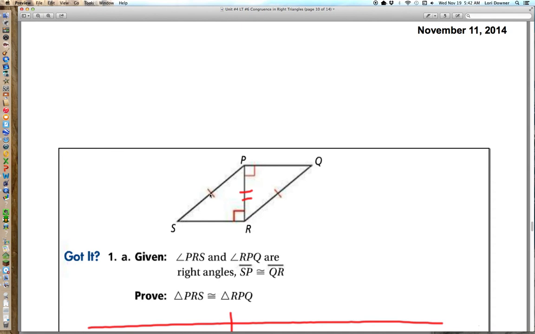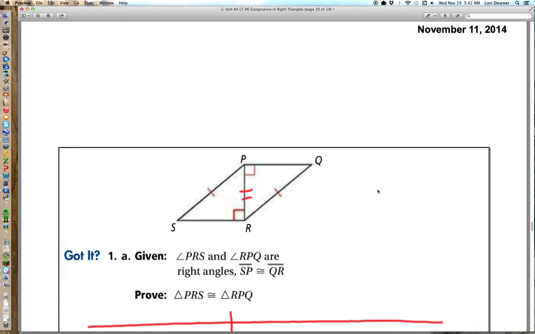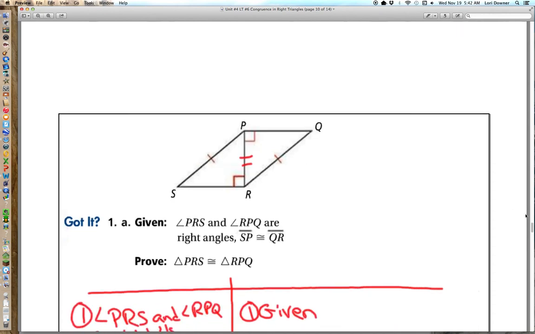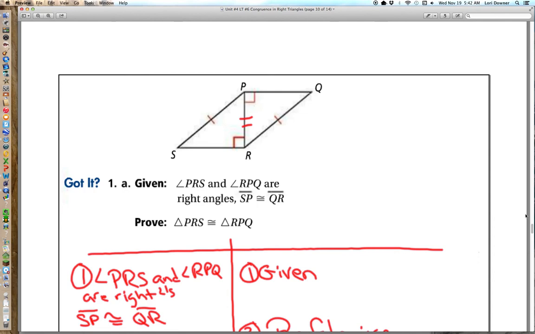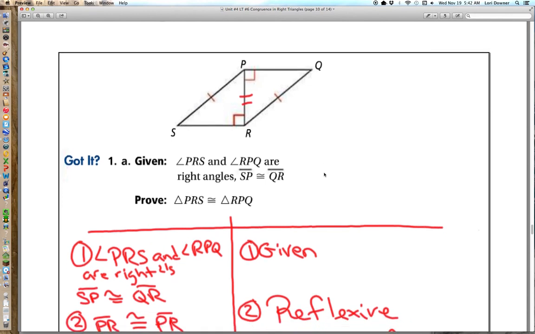We've got here, these two are given, SP congruent to QR. Those are our hypotenuses. So in our given, we have all of these markings, these two, and we have the right triangles. Next, we can say PR is congruent to PR by reflexive property. Anything is congruent to itself.